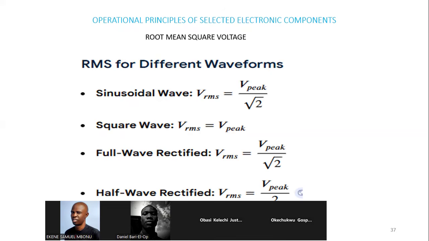And then for a full wave rectifier, which is our concern in this course, V root mean square is equal to V peak over root 2. Now, somebody compute, if you are with your calculator there, what is the value of root 2? I'm waiting for your answer.